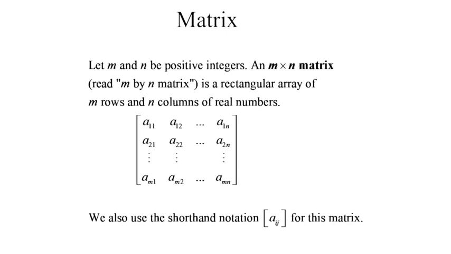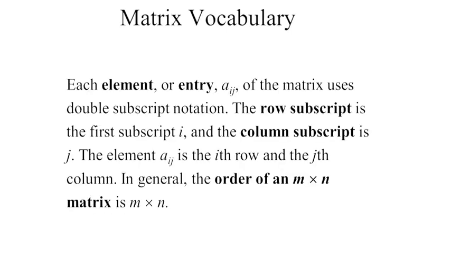Okay, the shorthand notation, they use A with the subscripts IJ, I referring to the entry in a row, J referring to the entry in a column. Some more vocabulary. Each value within the matrix itself is called an element or an entry.